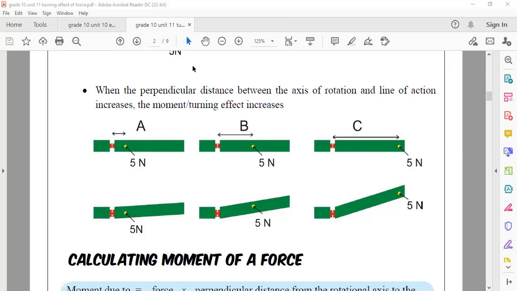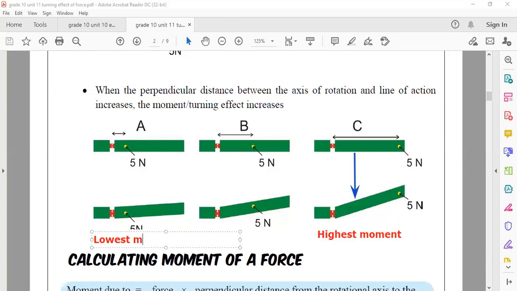So, can you agree? Longer perpendicular distance gives the higher moment. Yes or no? Yes, sir. So the highest moment comes when the distance is greater, and the lowest moment comes when the distance is lower.